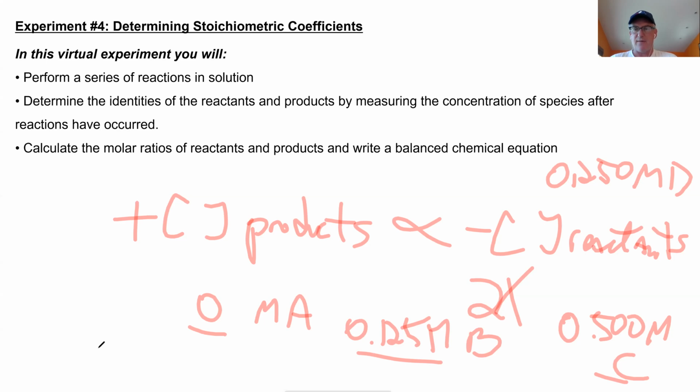How would we figure that out? Figure out what's the change in concentration of A and B and C.